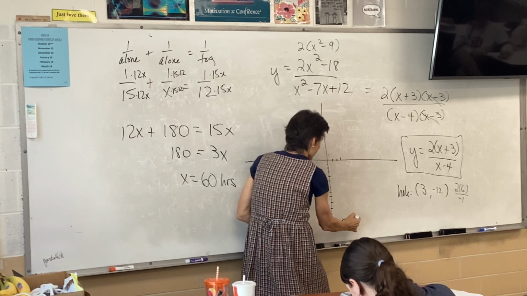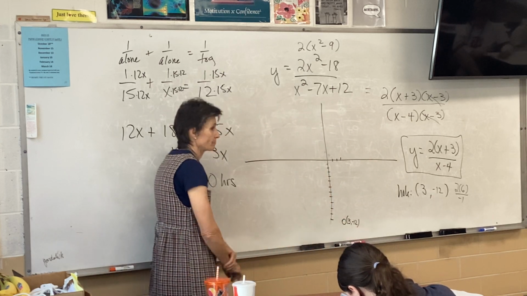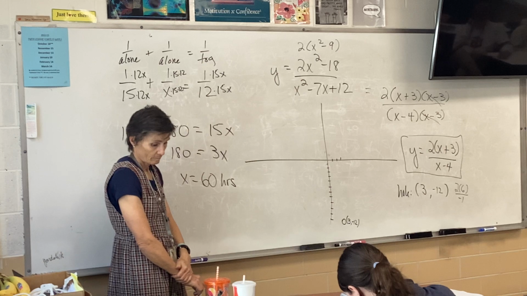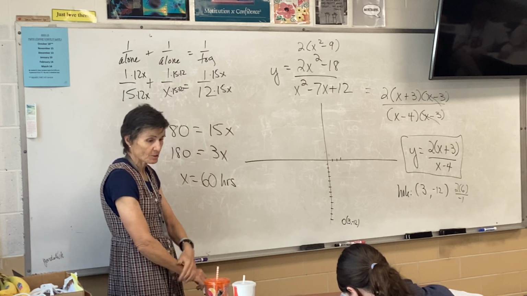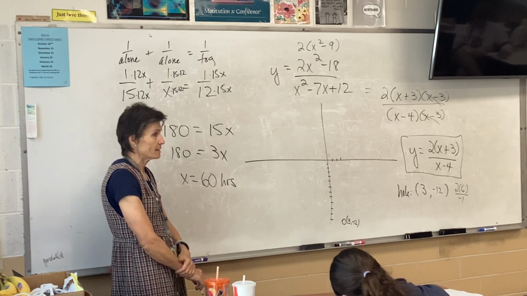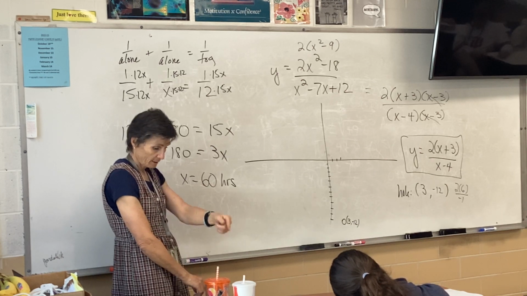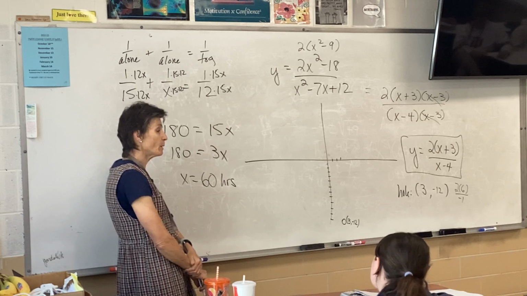So my hole is down here at 3, negative 12. You can either add more hash marks to your graph or stick some in between, clear down there at negative 12.